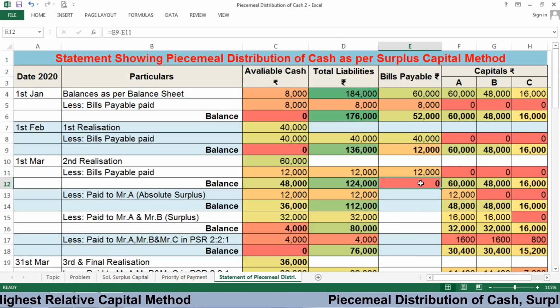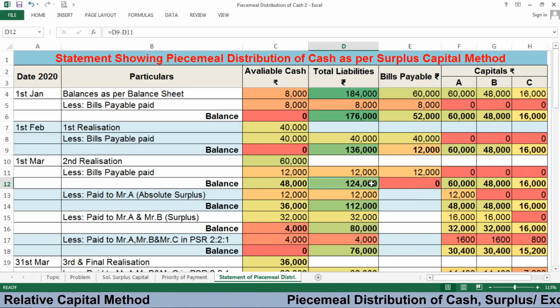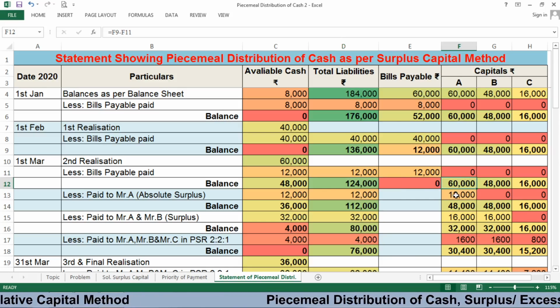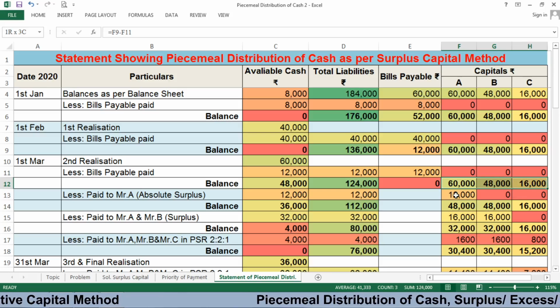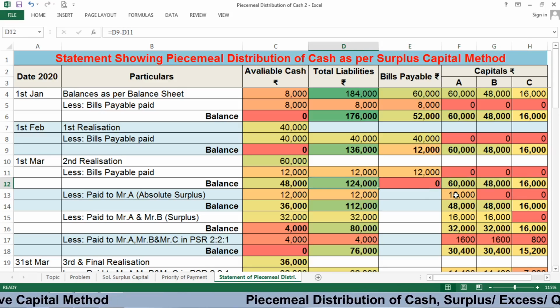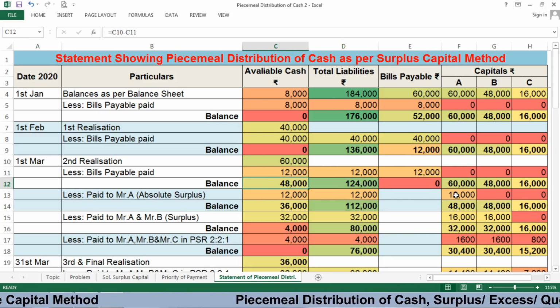So now we have the other liability, that is capital, which is an internal liability, or we can say a partner's liability. So we have 1,24,000 total liability. You can check it by 60,000 plus 48,000 plus 12,000, it comes to 1,24,000, which means we are on the correct path. And now we have a cash balance of rupees 48,000 after the payment of 12,000 to bills payable. Okay, now we have 48,000.